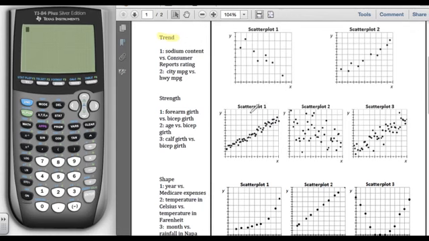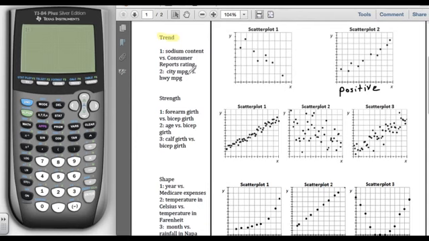If the graph goes up from left to right, it would be a positive trend. So scatter plot 2, this trend line, this would be a positive trend. As the x variable, or the explanatory variable, increases numerically, the y variable, or the response variable, increases numerically.